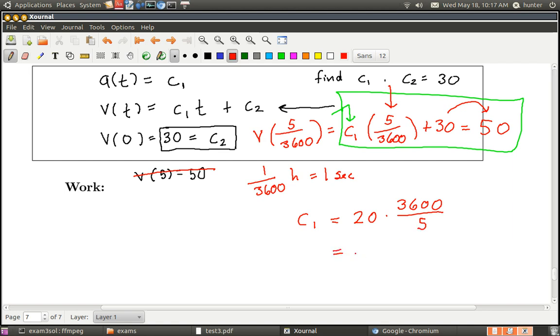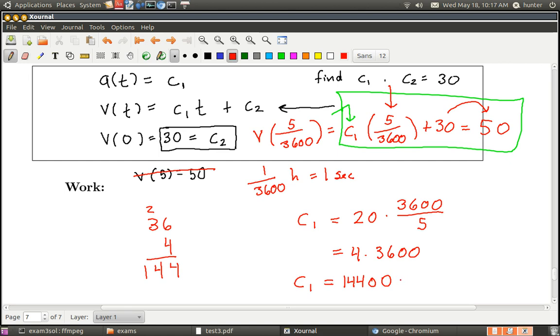This is just 4 times 3600. Let me do some multiplication over here. 4 times 36 is 144, and then I've got two zeros. So now I know that c1 is 14400.